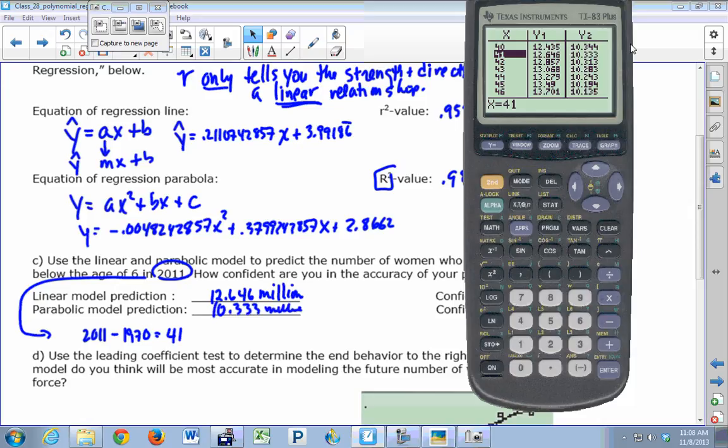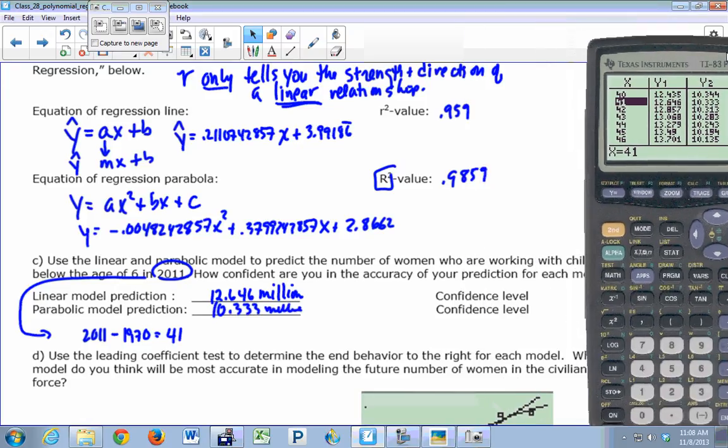Again, not knowing much about what happens after 2000, I would be fairly confident with both, but it looks like the quadratic regression has a slower increase, and it looked like my data that the number of women with children under the age of 6, that rate of increase was starting to slow down. So I might be a little more confident with my quadratic regression.